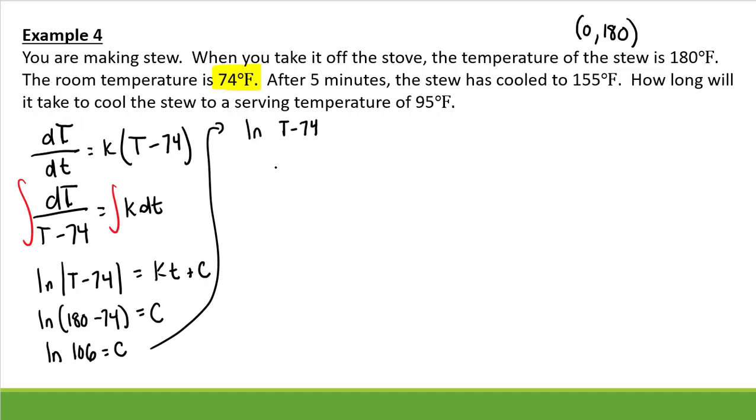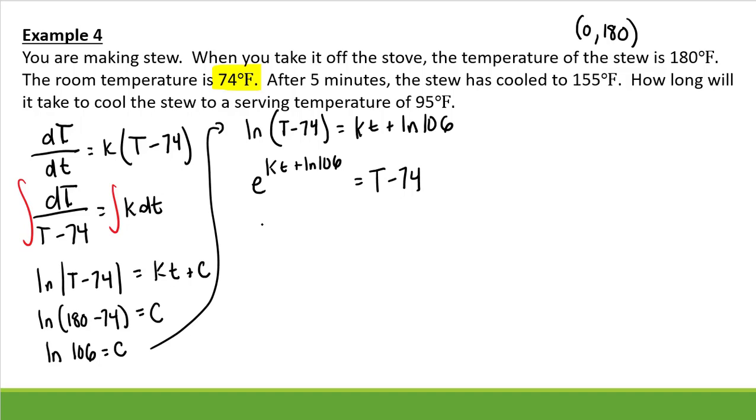Okay, so now I'm going to solve this for the big T. E to the kt plus ln of 106 is equal to T minus 74. Now remember, same base, adding the exponent. This 106 pops down in front. And I'm going to add the 74 is equal to T. Okay, so now I have an equation.